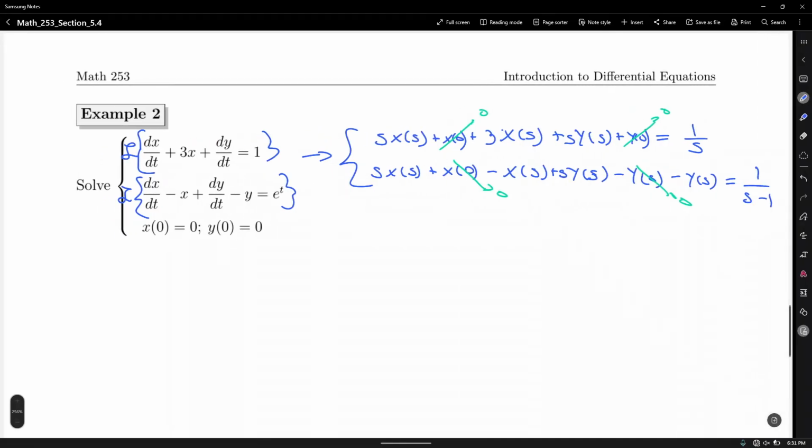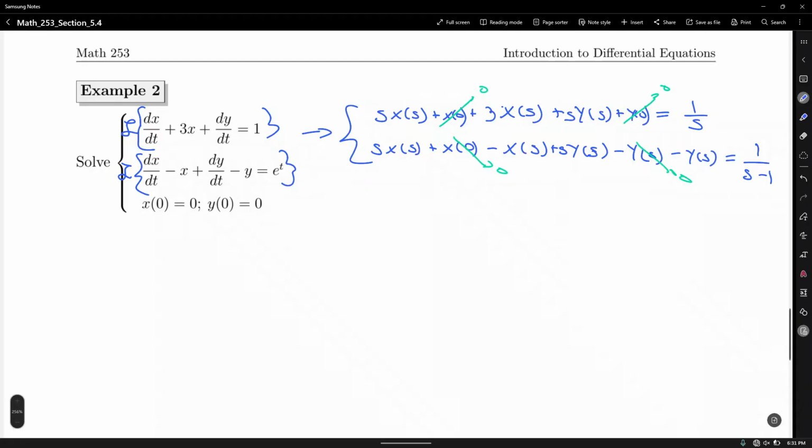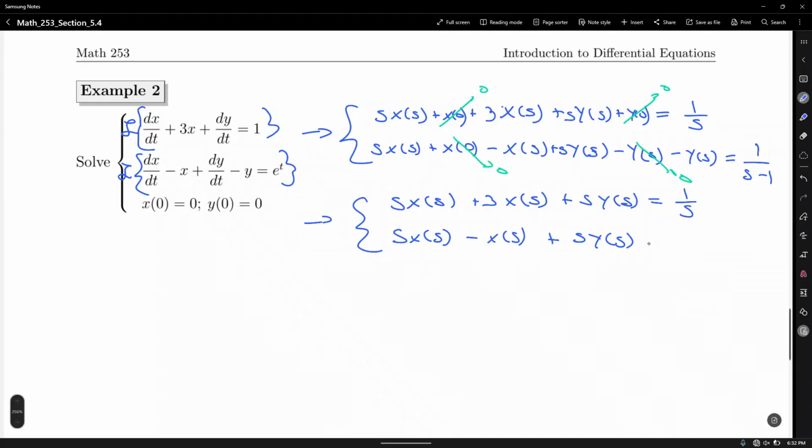So that reduces to s x of s plus 3 x of s plus s y of s equals 1 over s. And s x of s minus x of s plus s y of s minus y of s equals 1 over s minus 1.